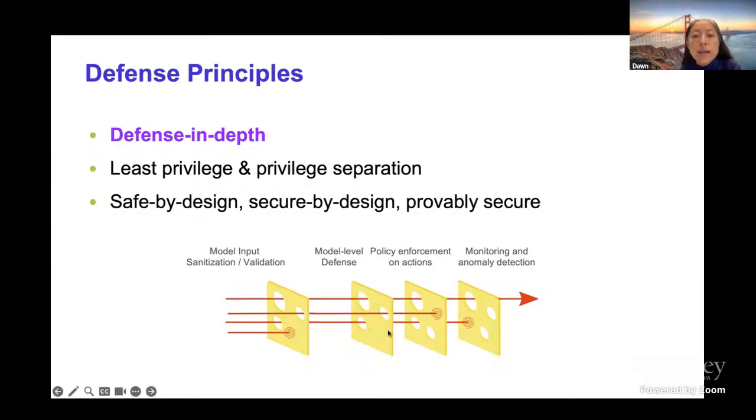In this example, we can have different layers of defense. We can do model input sanitization and validation, and then model-level defense to harden the model. Even if all these fail, we can still do policy enforcement on the actions of the agent. And in the end, we can also do monitoring and anomaly detection, and through this defense in depth really build an end-to-end layered defense for the system.